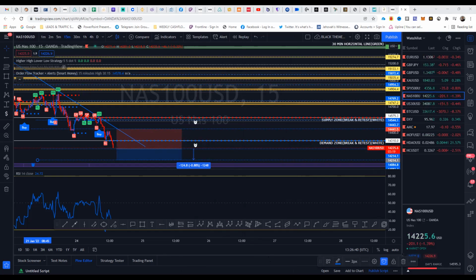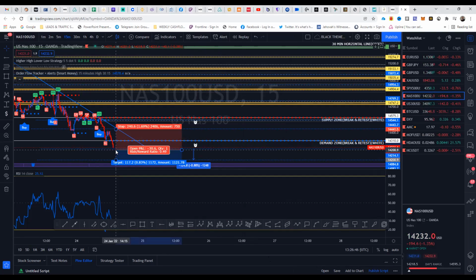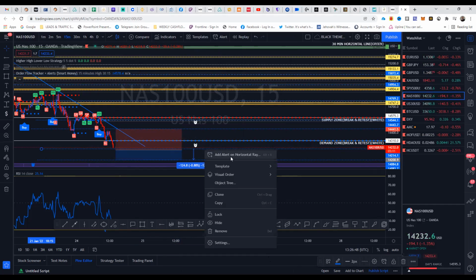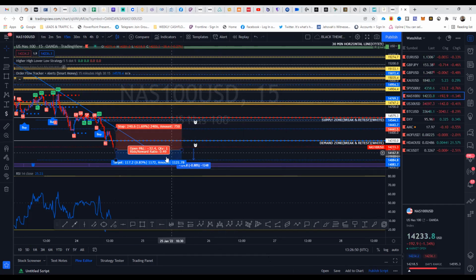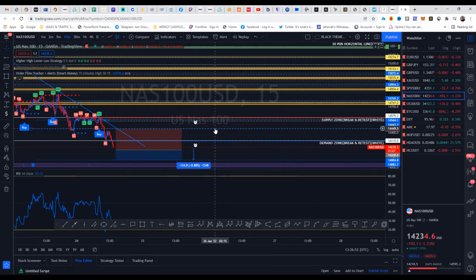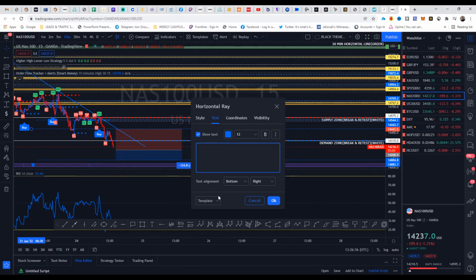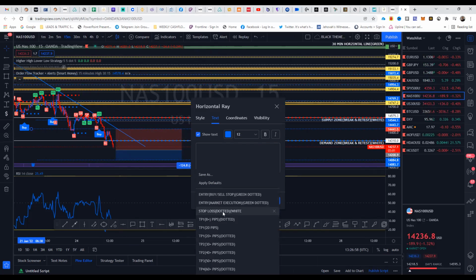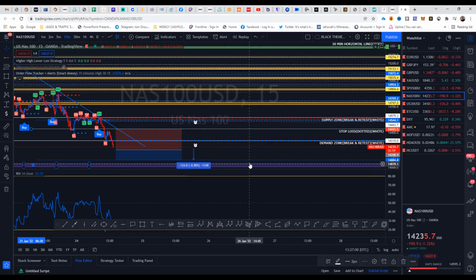Let's see. This will be the entry point. So I don't really need this here. And then change this to the stop loss here, which is white.